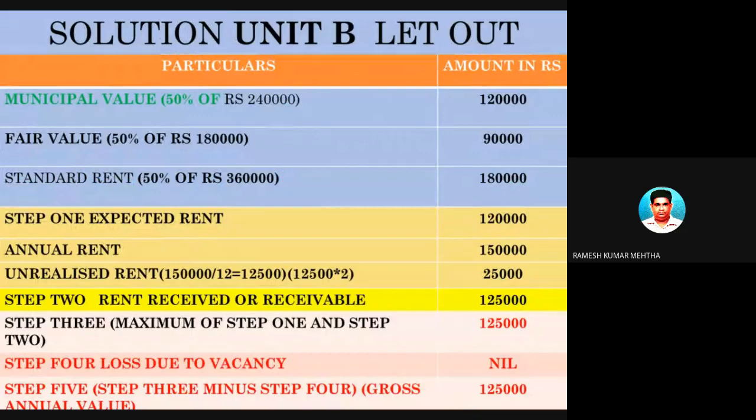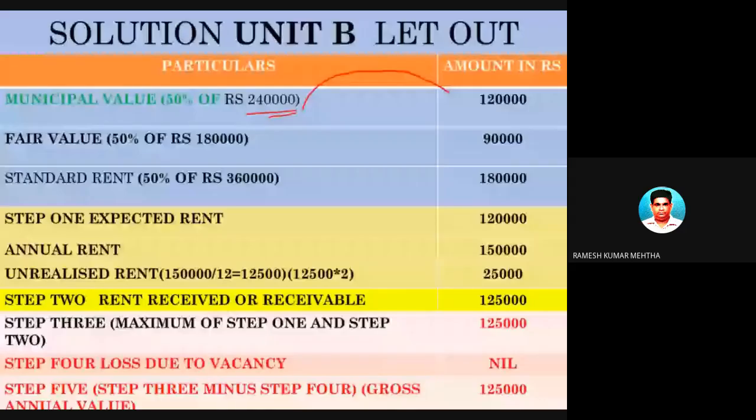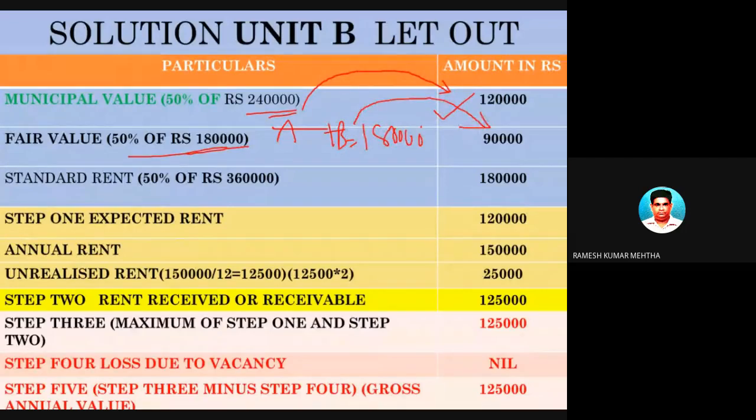The municipal value of the whole house property is 2,40,000 rupees, and hence 50% of the municipal valuation belongs to Unit B. The fair rental value of the whole house property A plus B is 1,80,000 rupees, and hence 90,000 rupees is the fair value of house B. The standard rent of the whole house property is 3,60,000 rupees, and hence 1,80,000 is the standard rent of house property B.